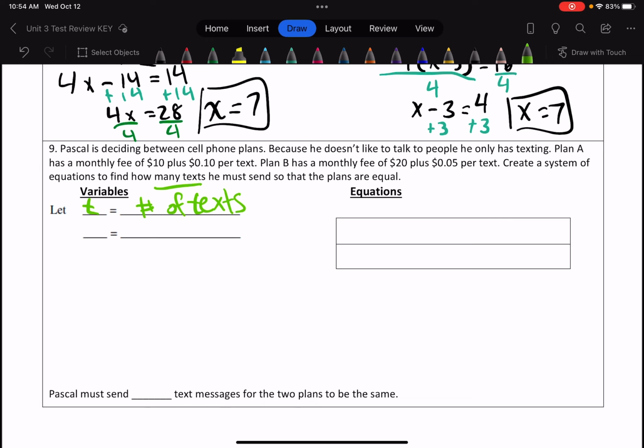Just to make things easy for me, I'm going to let P be the price per month. So this is how much each plan is going to be worth per month. So remember, I've got a Plan A and a Plan B. So these are my two different cell phone plans.